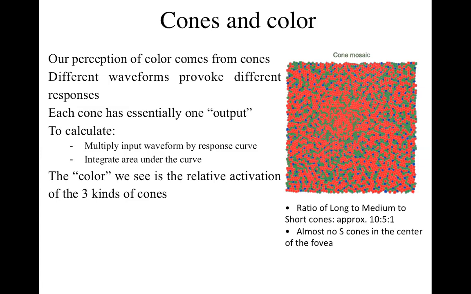We have many more cones that are sensitive to red. The ratio of long to medium to short cones is about 10 to 5 to 1. And actually there are basically no S cones, which are sensitive to blue, in the center of the fovea.